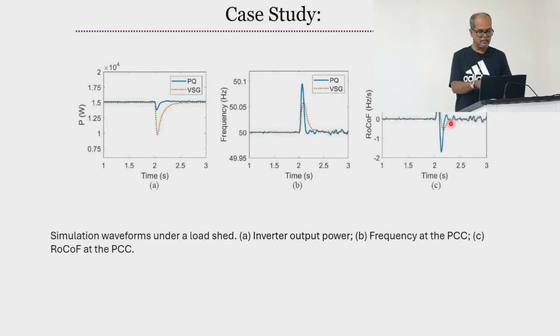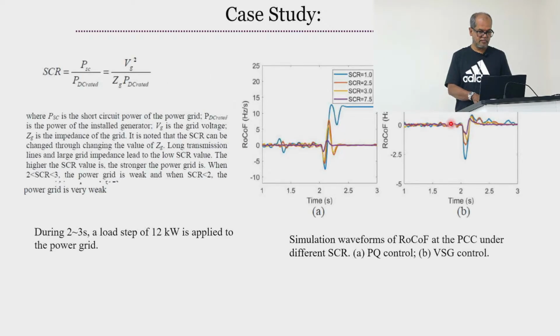So, here initially it was like 7 SCR, but later, when you change the SCR, that is the problem. As I said, the grid following fails. You see that when SCR is less than 3, the problem occurs. So, this is rate of change of frequency.